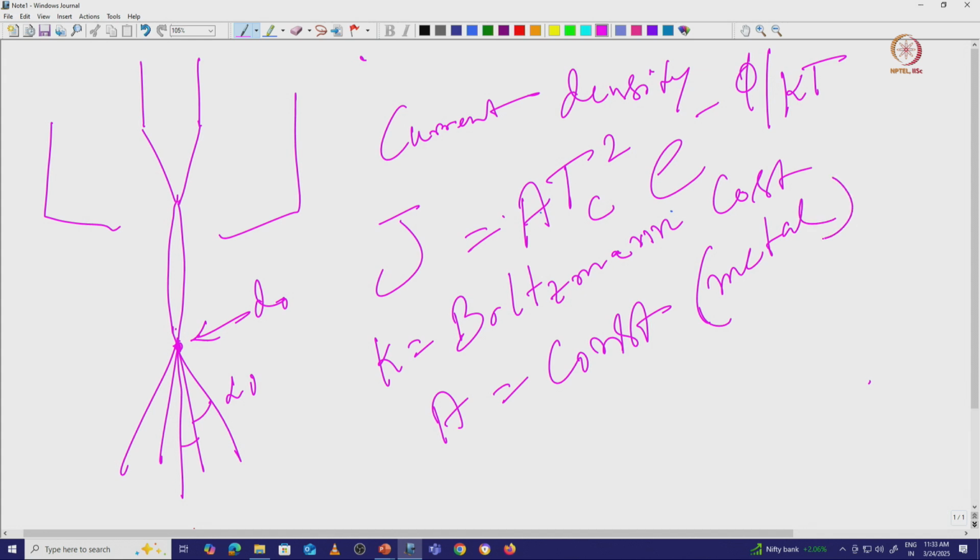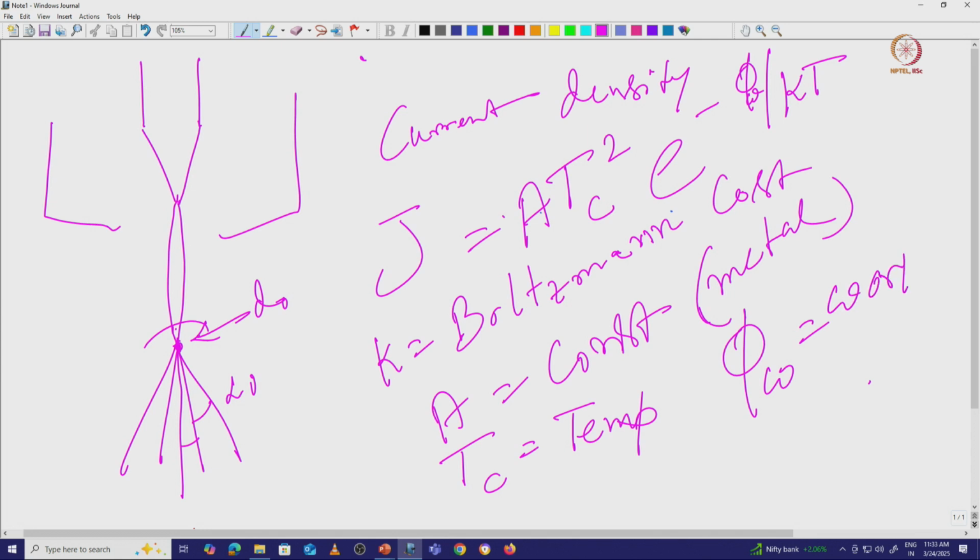So, the current density, which is denoted by J, is equivalent to A T squared e to the power minus phi by kT. This T means the temperature to which we are heating the metal, and phi is the work function again.